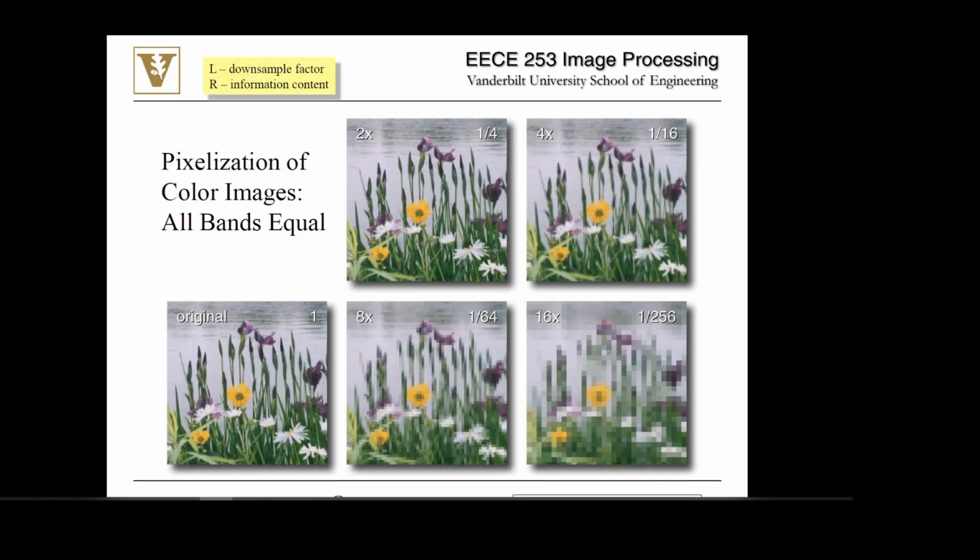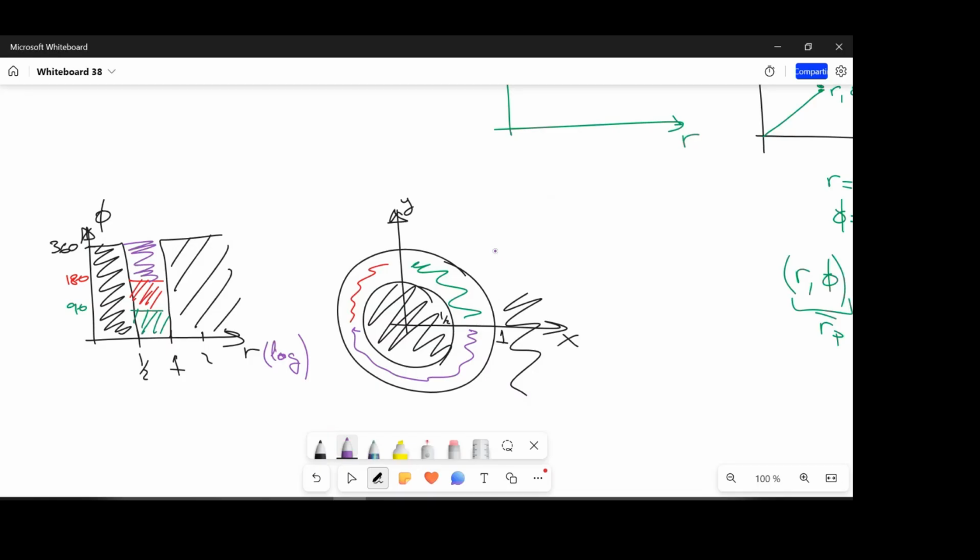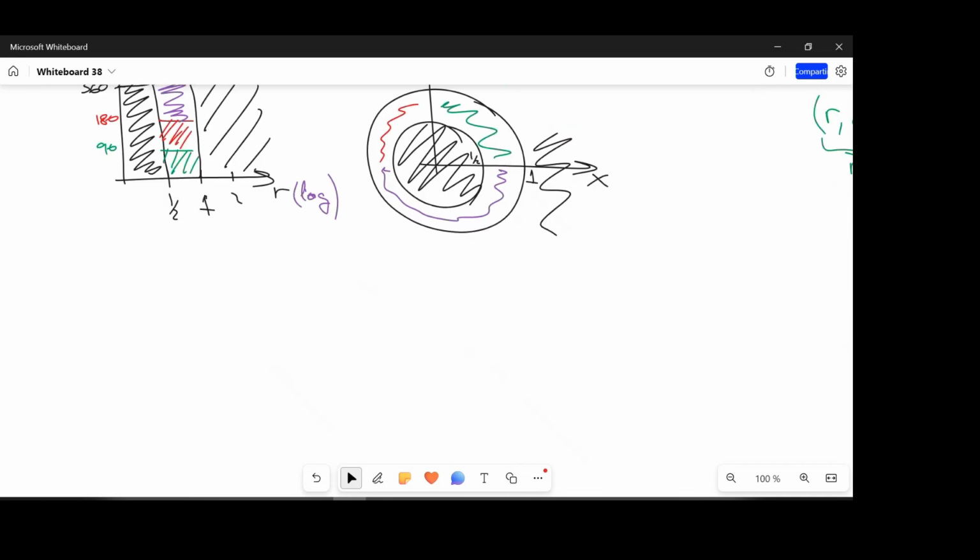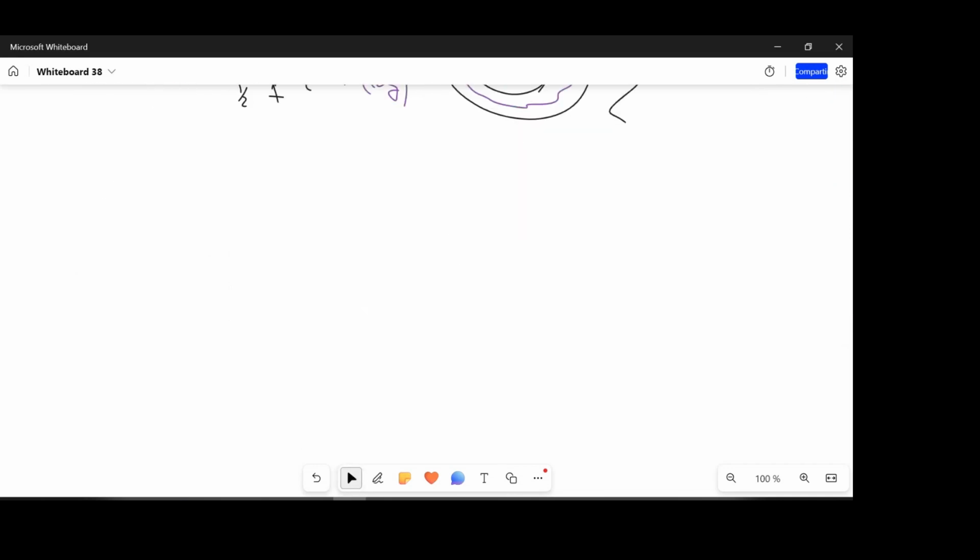Okay, then we can try to make an experiment on how many cones we have of each kind. Let's say that we have an image.